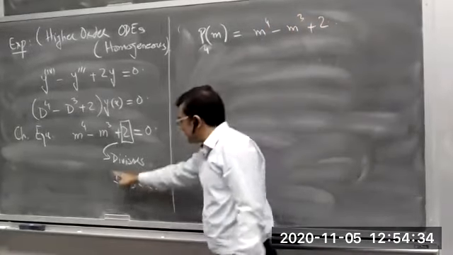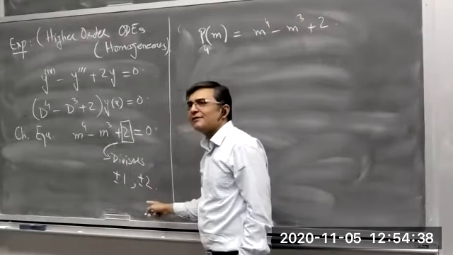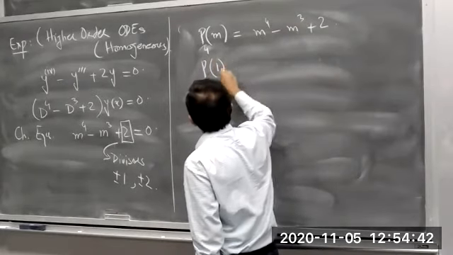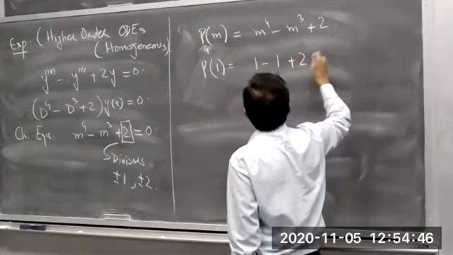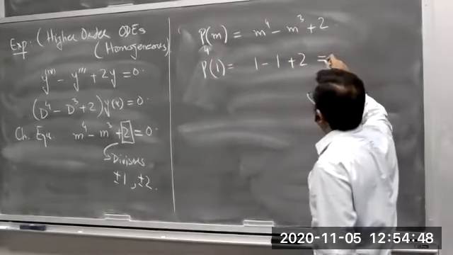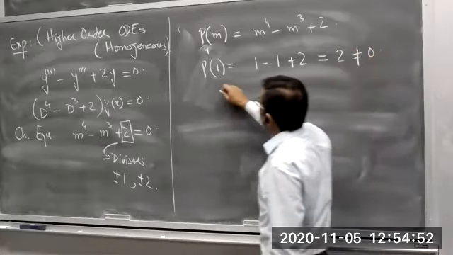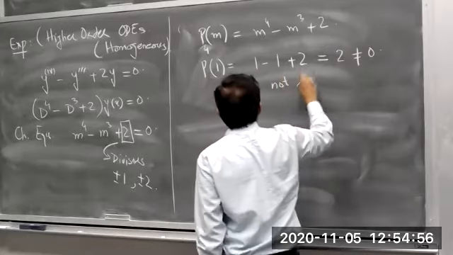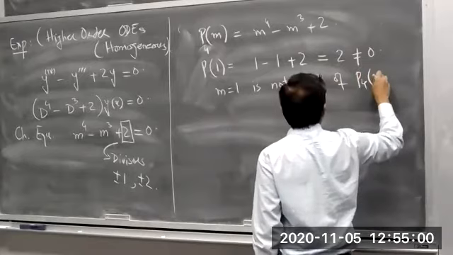Now we try these divisors and put them here. First we put 1: 1 power 4 minus 1 plus 2 is equal to 2, and it is not equal to 0. So m is equal to 1 is not a root of P4 of m.